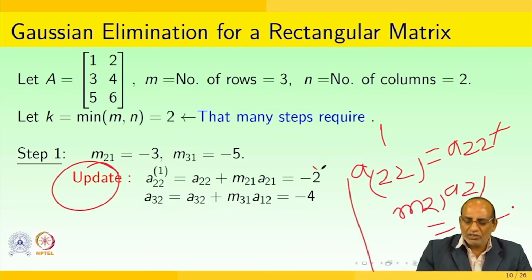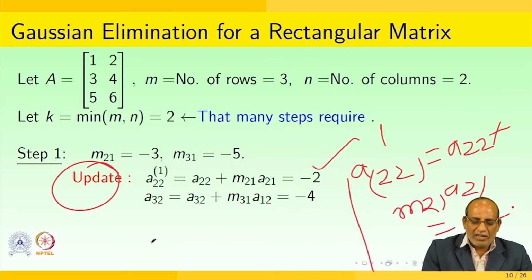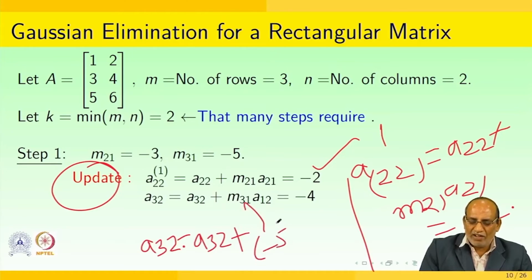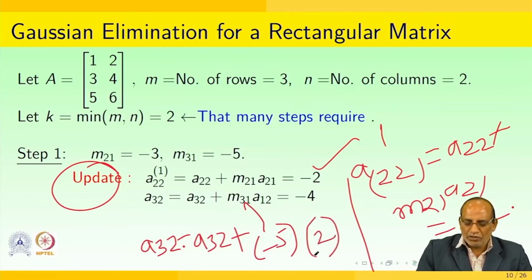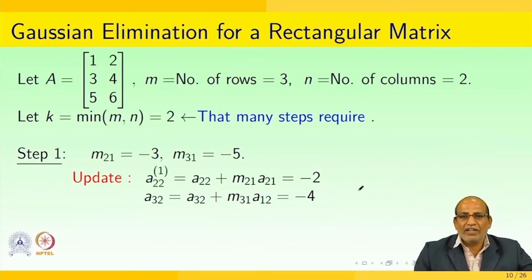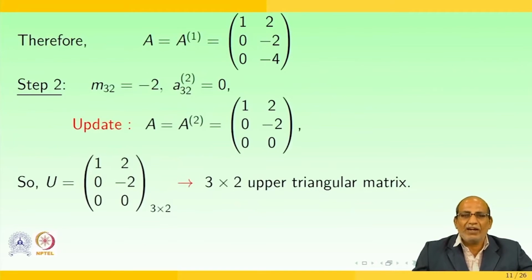Similarly, you want to update A32: the previous value of A32 plus M31 times A12. M31 is minus 5 and A12, first row, second column, is 2. So therefore you do get 4. So these two are computed. Having said these two things, let us go ahead with the matrix A.